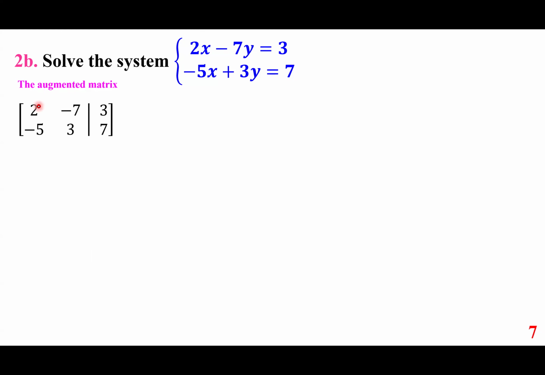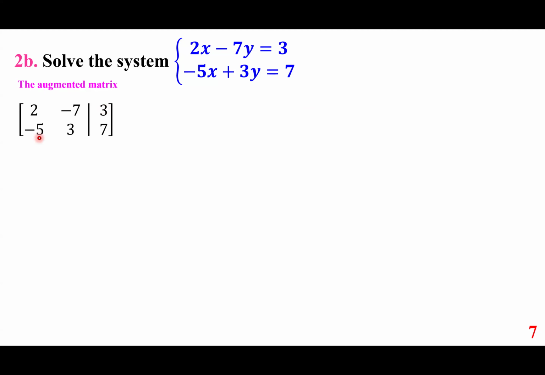There's nothing wrong with that. We get 1, minus 7 halves, 3 halves. The problem is when you have fractions, it makes it very difficult to work with. So again, I can divide everything by 2. That's the fastest way to get 1, but you have to deal with fractions.